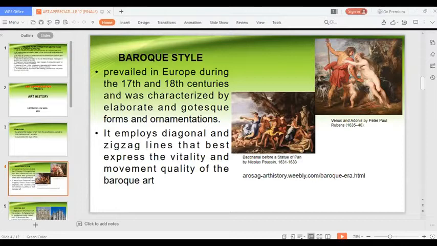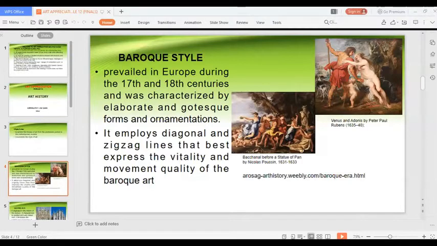We have here the Baroque style. Baroque style prevailed in Europe during the 17th and 18th centuries and was characterized by elaborate and grotesque forms and ornamentation. It employs diagonal and zigzag lines that best express the vitality and movement quality of Baroque art.